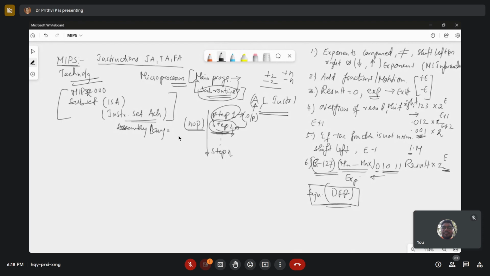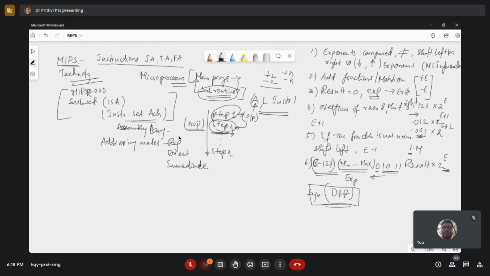Assembly language instructions can be of many formats, that means addressing modes. There are plenty of addressing modes, like register addressing mode, direct addressing mode, or immediate addressing mode. We'll try to see what these are.